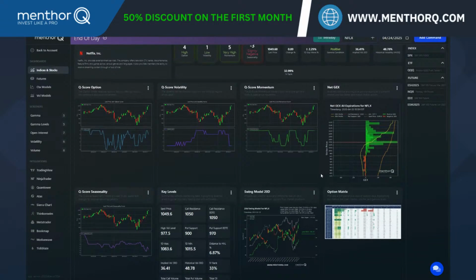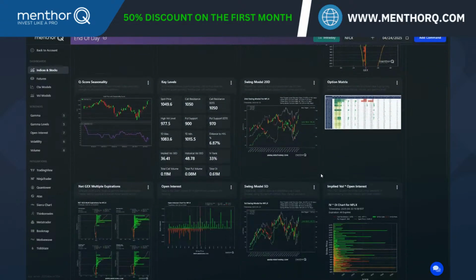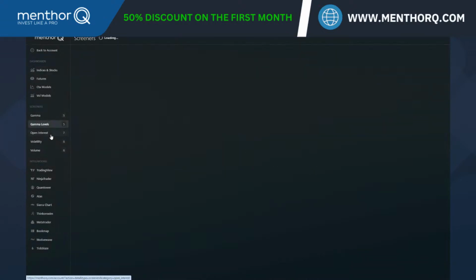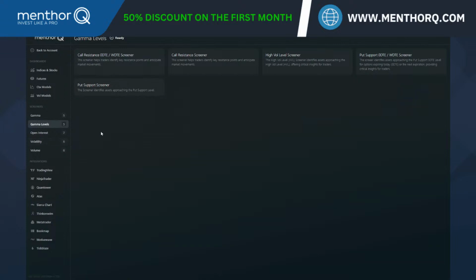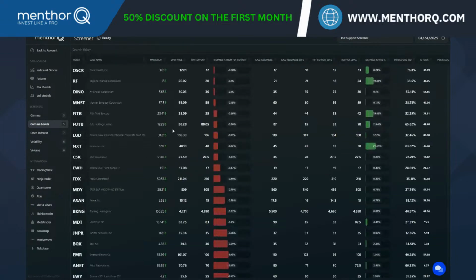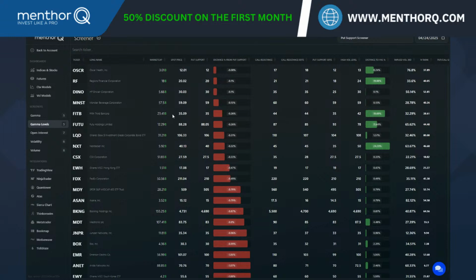Again, the same other useful statistics to help you. Some other things that I think are really interesting is that if you're bullish on the market, potentially we could look at a puts support screener. This is where spot price is near the put support.